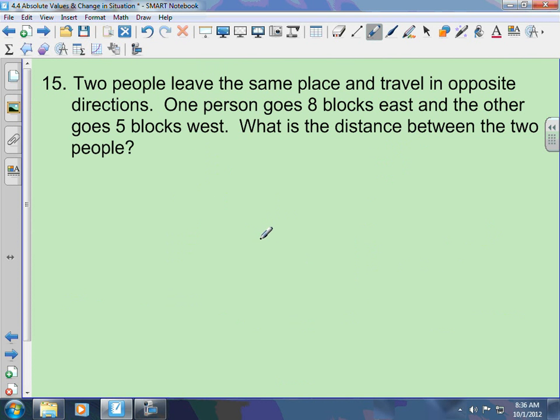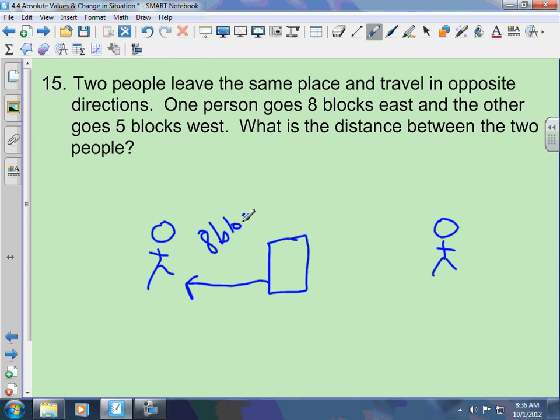Two people, please draw a picture. Two people leave the same place and travel in opposite directions. So here is person number 1, here's person number 2. They left this spot right here. One person goes 8 blocks.